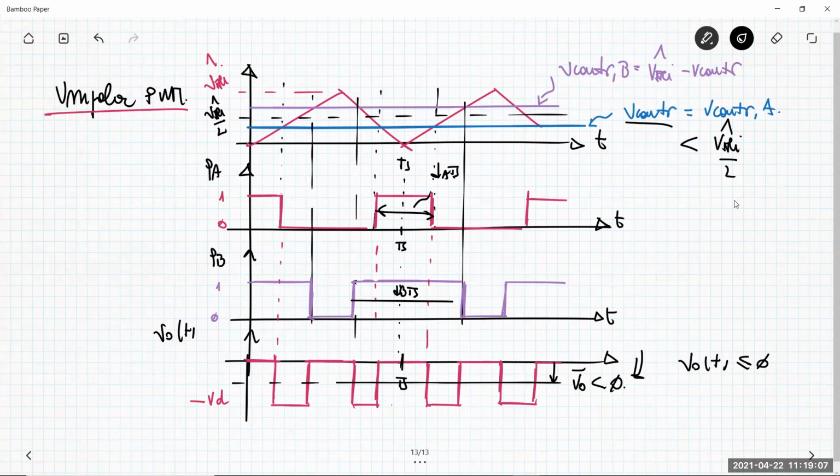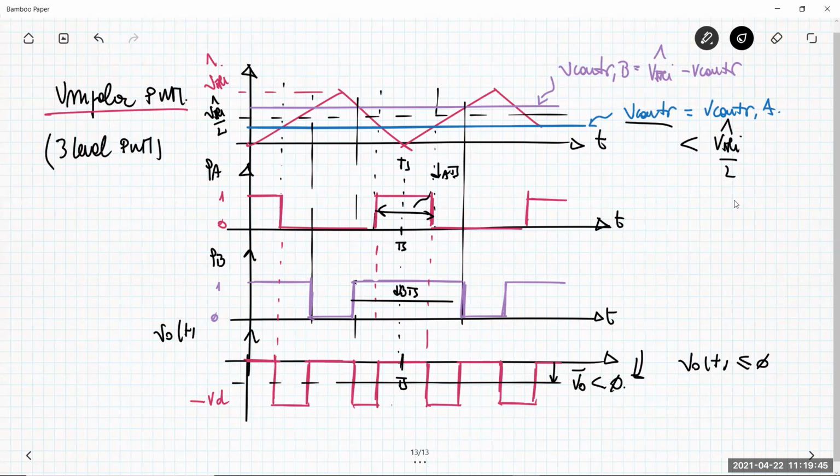Positive value when the control voltage is higher than half the value of the peak triangular waveform, or negative value when the control voltage is less than this value. It means that the waveform is unipolar. A bipolar waveform is a waveform that can have positive or negative value in a period. But here this does not happen. So it is a unipolar pulse width modulator for this reason. Why is it also called three-level PWM?